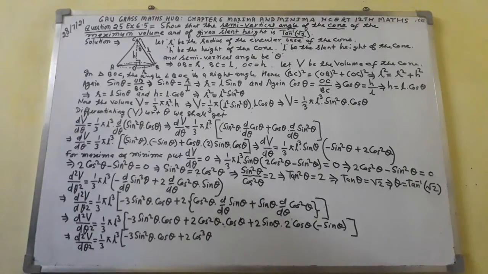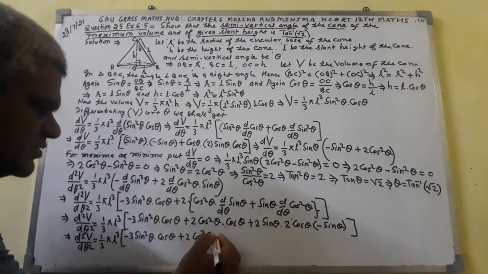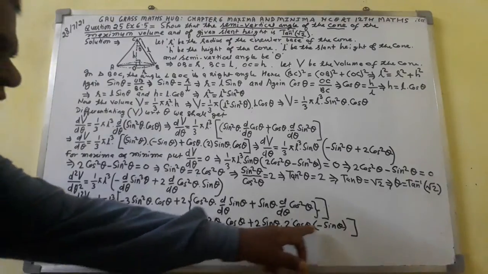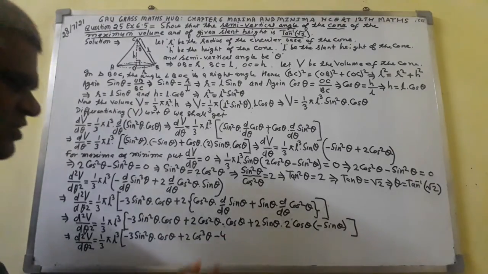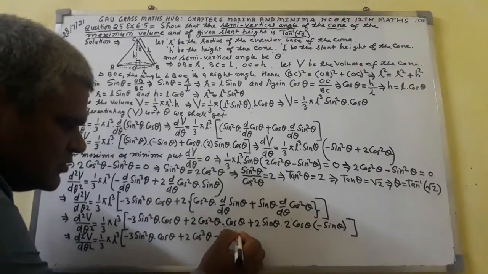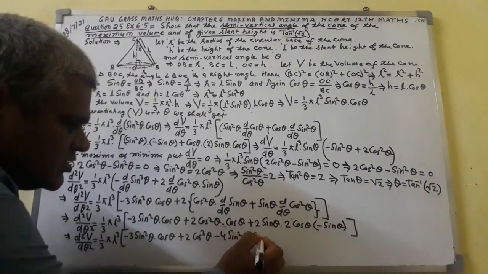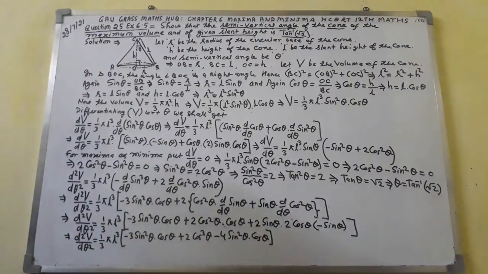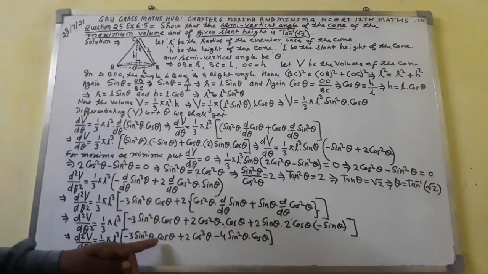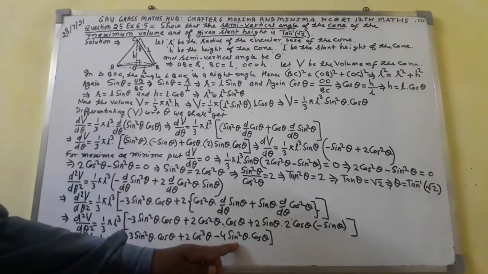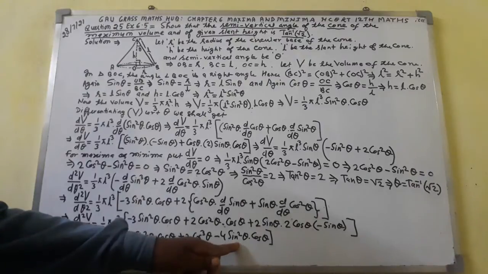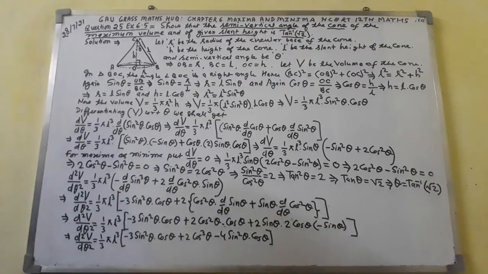Here we will get minus 4, 2 to the 4, minus sign I shall put here, sin square theta dot cos theta. This thing we will get. Here you can see minus 3 sin square theta dot cos theta and minus 4 sin square theta dot cos theta. This term and this term are like terms, will be added together.